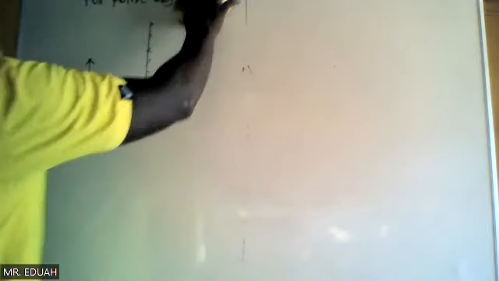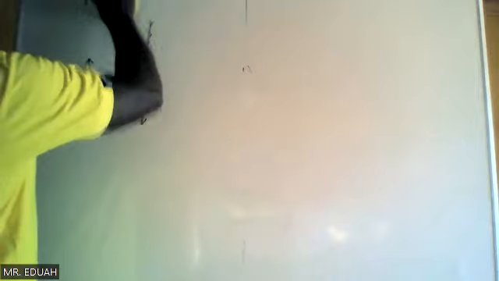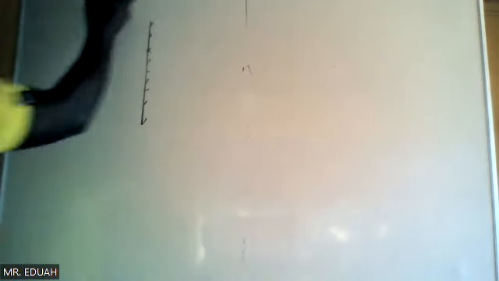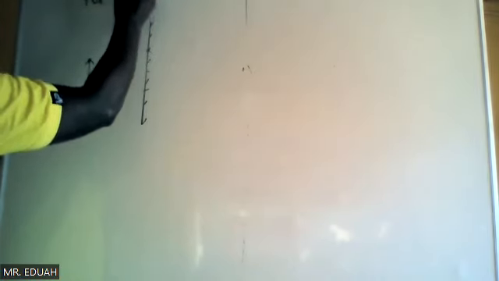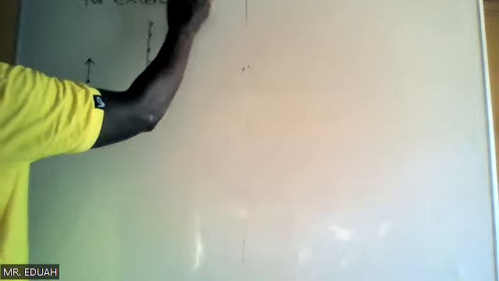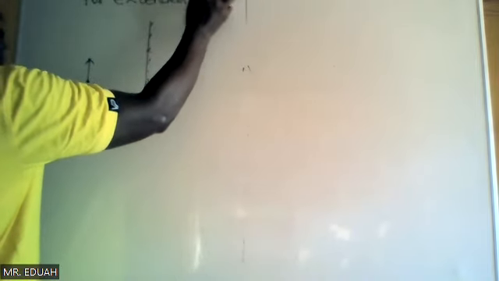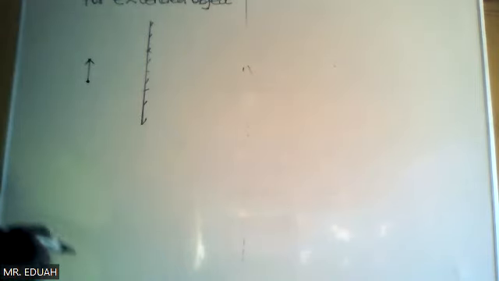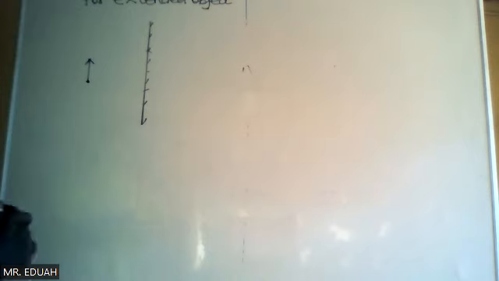This is the foot. This is for extended objects. How do I use a ray diagram to show the nature of image formed?